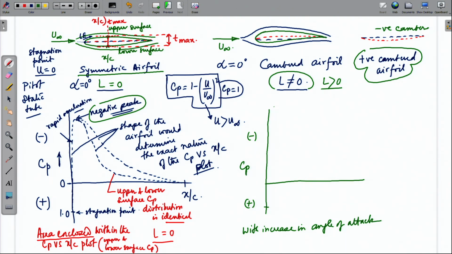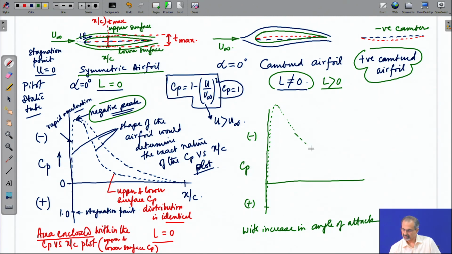So, in principle, this suction peak again occurs, but it is going to be a little stronger because of the camber, and then it will drop as usual. But on the other side, you may have a slightly different pressure distribution, maybe somewhat like this.